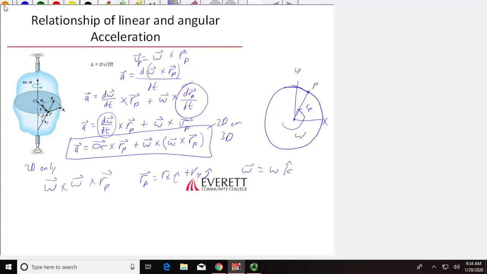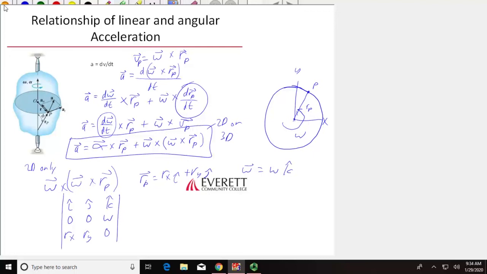Let's go ahead and see what the cross product does to that. I'm going to keep these parentheses here. We're going to do that interior cross product first. If you remember how to do the cross product, I always like to do it this way, where we do i, j, and k on the top row. The second row is the first thing to be crossed, which is our 0, 0, omega. And the third row is our r_x, r_y, and 0.